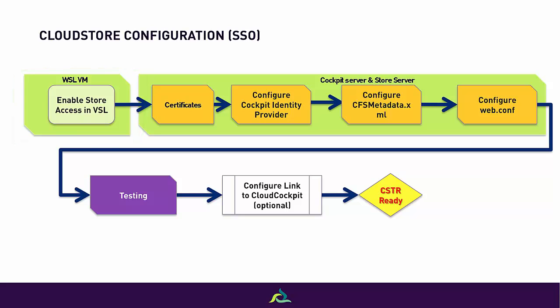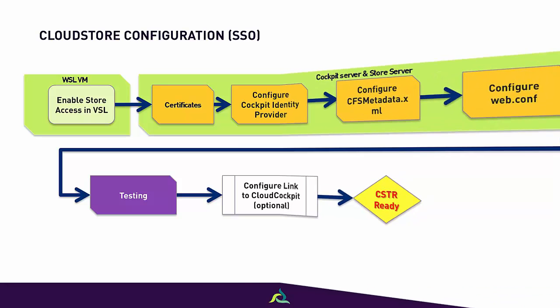And then we will go to the CloudCockpit server and store server to set up the certificates, configure the identity provider, the CFS metadata, which is required for every identity you create. Then we'll go to CloudStore and make a couple of modifications in the web.conf. Finally, do some testing, and then finally configure the link to CloudCockpit and CloudStore.